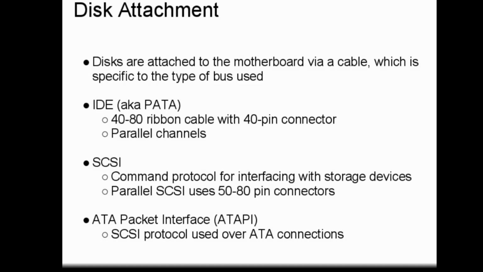SCSI also defined a standard set of commands, a standard protocol, for interfacing with disks, CDs, and other types of storage devices. This protocol was useful for recordable CD media and DVD-ROM media, and was implemented on the ATA bus using the SCSI protocol in a system known as ATAPI, or ATA Packet Interface.